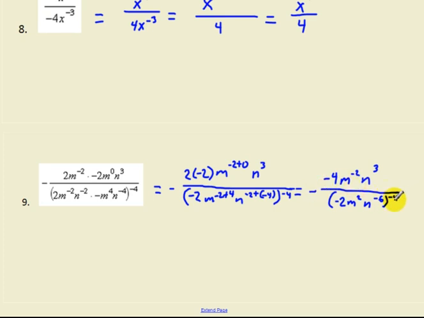Now we know that this is a negative exponent, so we can bring this entire expression up into the numerator.